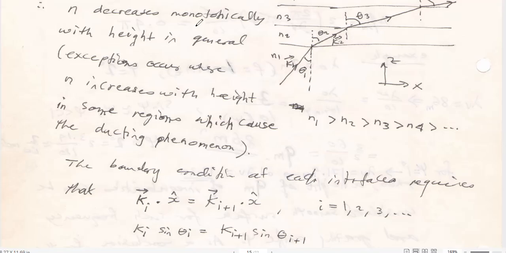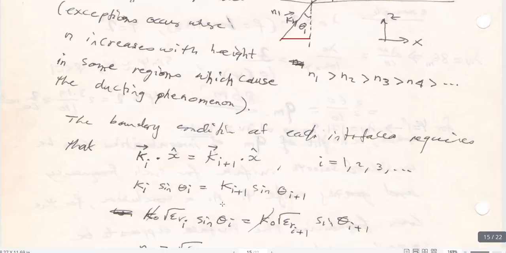The horizontal component is k_i times sine theta i, and the next layer is k_i+1 times sine theta i+1. Therefore k_i sine theta i equals k_i+1 sine theta i+1, where i is the atmospheric layer, a small layer with small thickness, and i+1 is the higher layer.